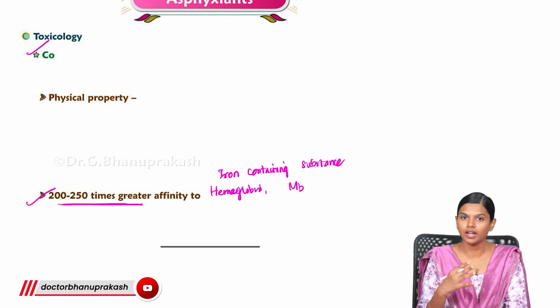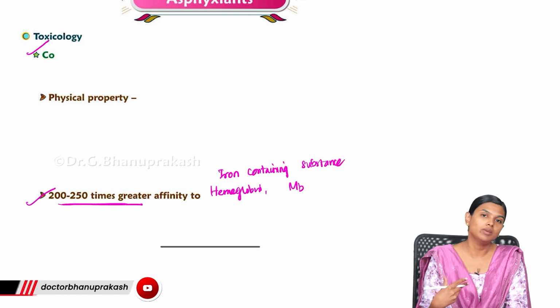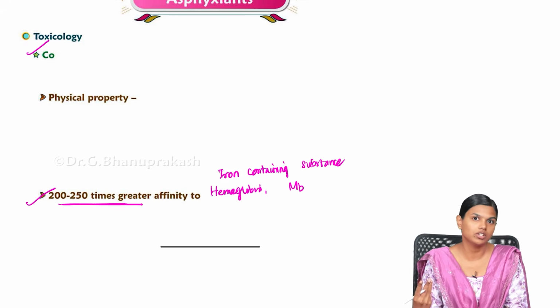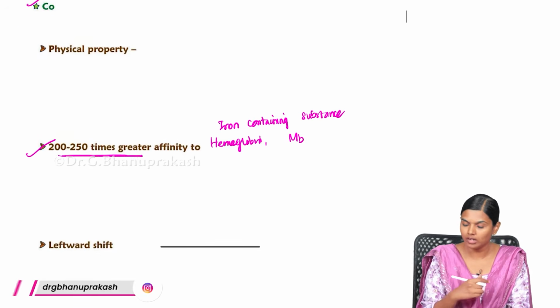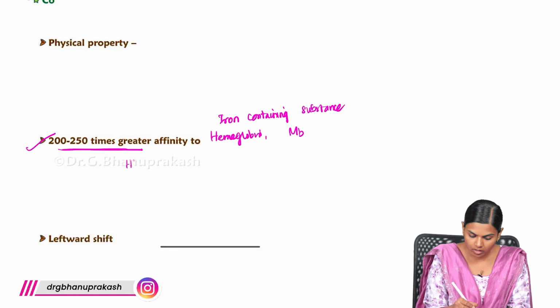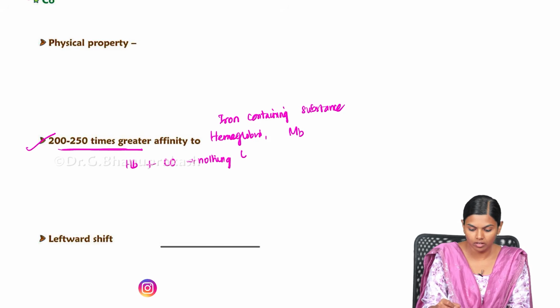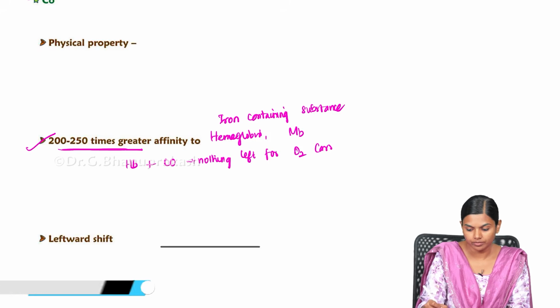Because of that, there will not be any hemoglobin left. There will not be any carrier for the oxygen and the tissue's oxygen supply will be affected. All the heme, all the hemoglobin, will be occupied by carbon monoxide, so there will be nothing left for carrying oxygen.